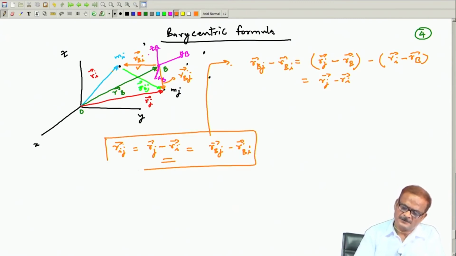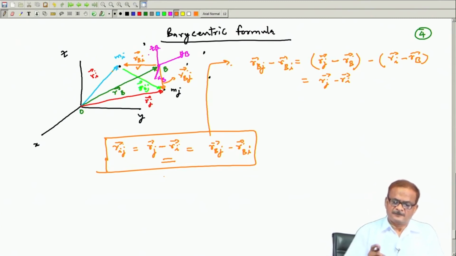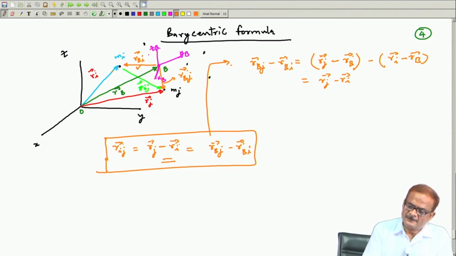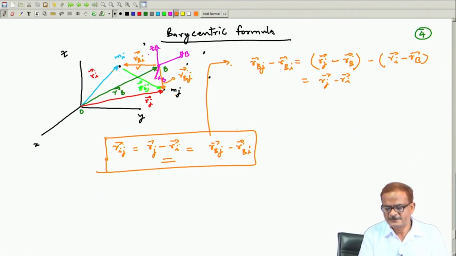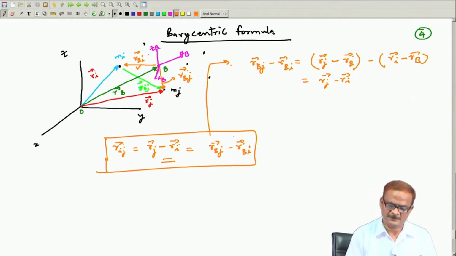This is the basic fact that once we are looking for the motion of one particle with respect to the other, it does not matter which inertial reference frame we choose. The equation of motion should be described in an inertial frame, but it is independent of the reference frame chosen, and this will be visible from this point.